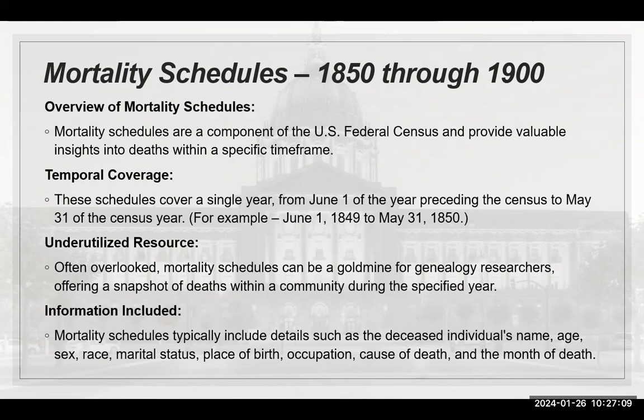great grandfather appeared on. So these schedules are often overlooked, but they can be a goldmine for genealogy researchers, offering a snapshot of deaths within the community during the specific year. Mortality schedules typically include details such as the deceased individual's name, their age, sex, race, marital status, place of birth, occupation, cause of death, and the month of death.